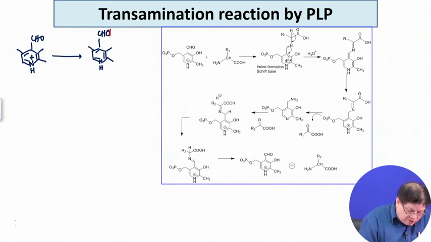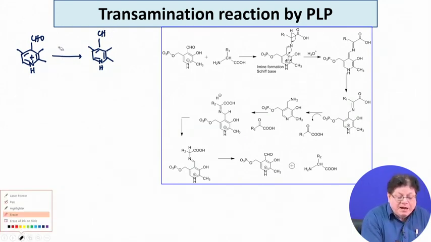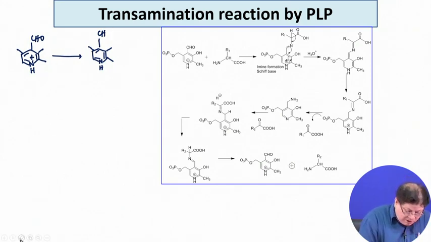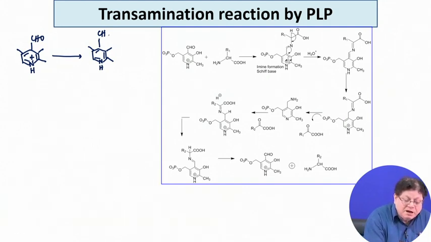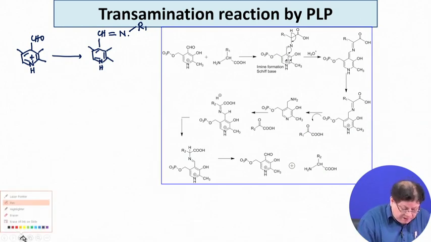Pyridoxal is already bound to the enzyme. So, the amino acid reacts with this. Okay. I am not telling now, I just take a very general case. That means, I will not take that this is glutamic acid, I will just write here it is R1 and nitrogen, and then let me write it properly.